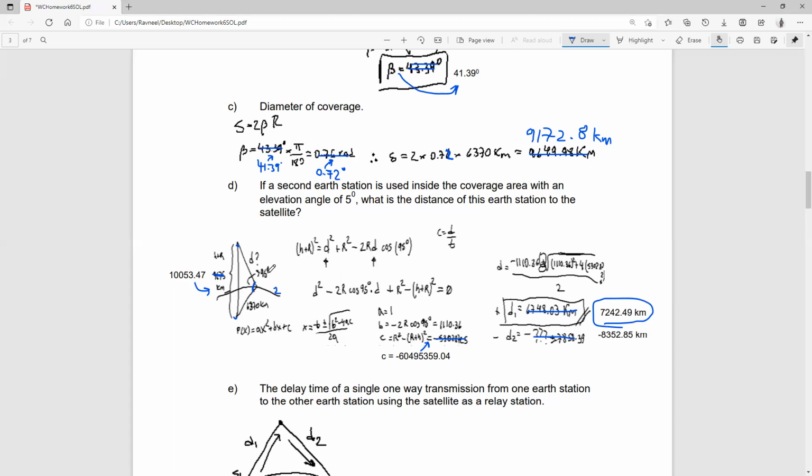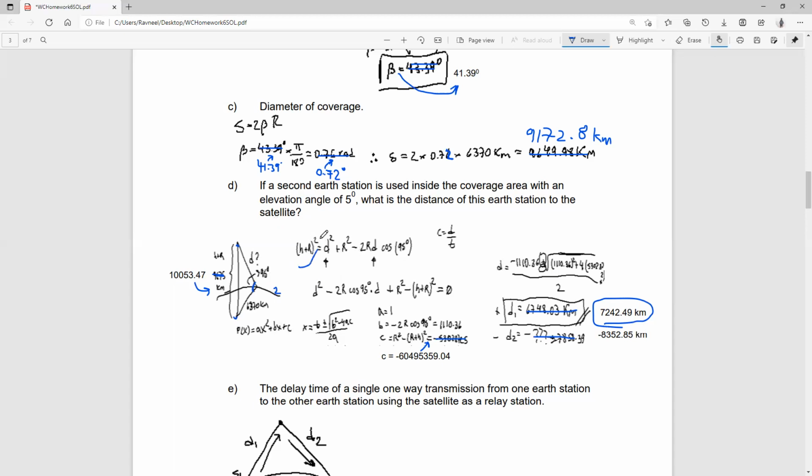Using the cosine rule, if we write the equation for this particular side, this is what we have. Now we need to find this d. You can see that we have d squared over here and we have d over here, so it is somewhat equivalent to a quadratic equation, isn't it?